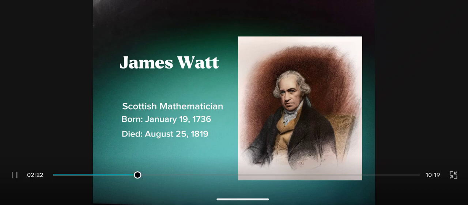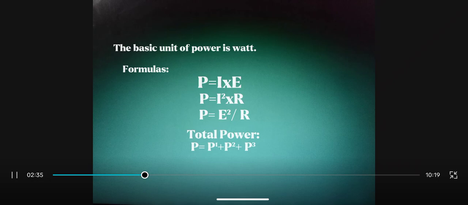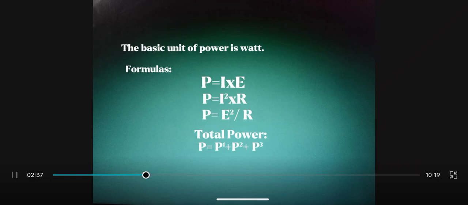So that's him, James Watt, the inventor of the steam engine. The basic unit of power is the watt.